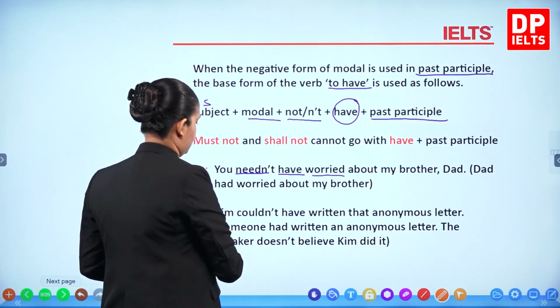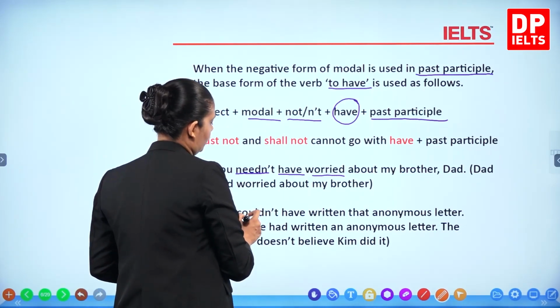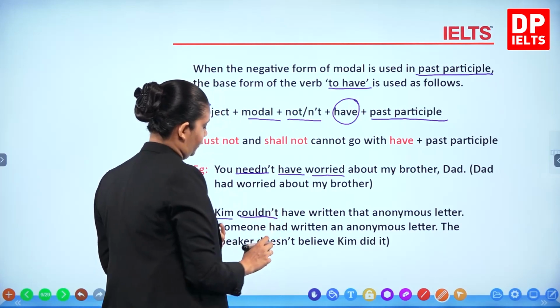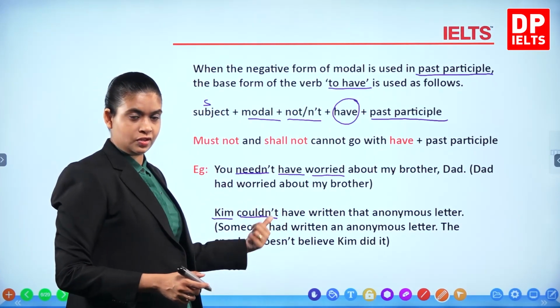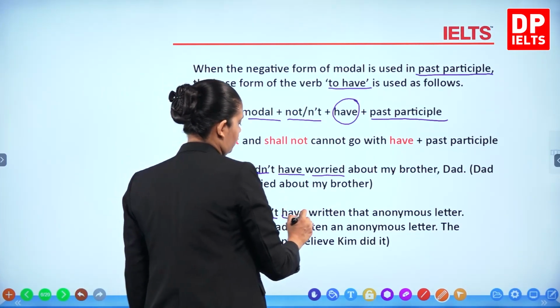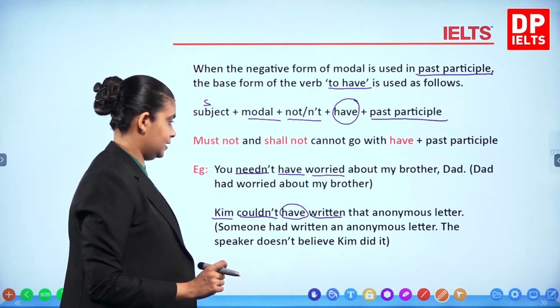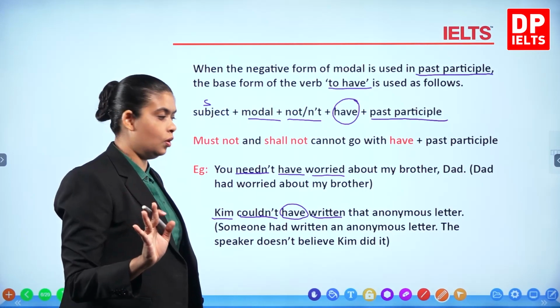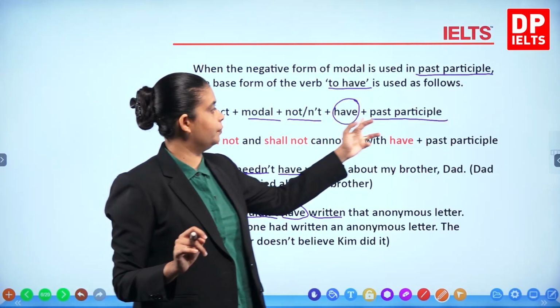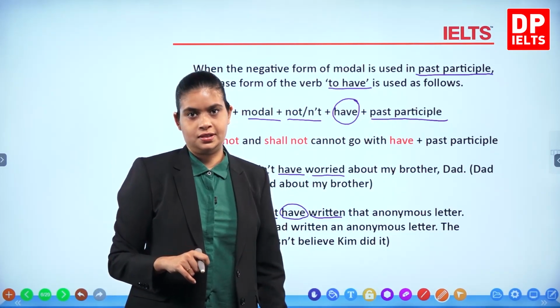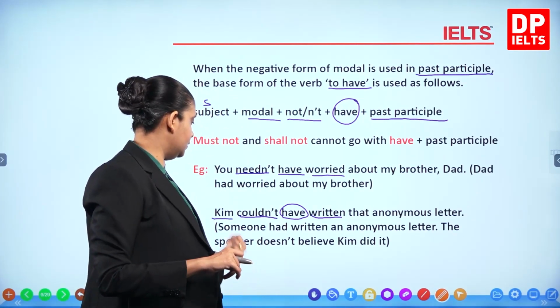Kim is the subject, modal plus the negative form. Kim couldn't have written that anonymous letter. Okay? So, again, have plus the past participle. So, what had happened?